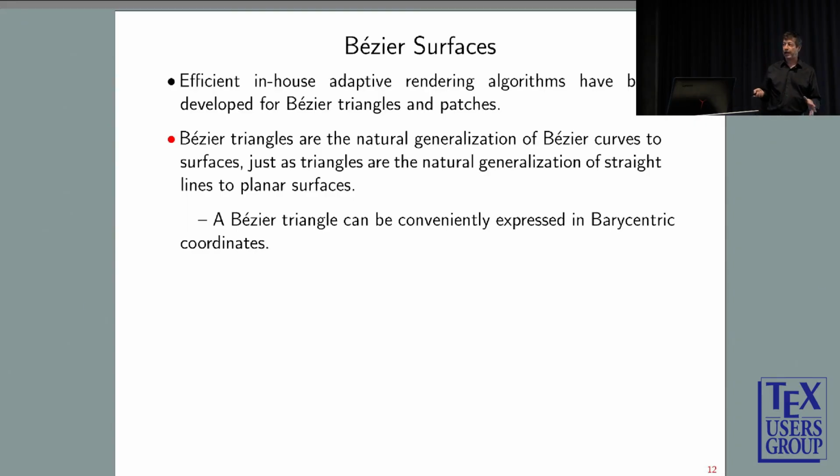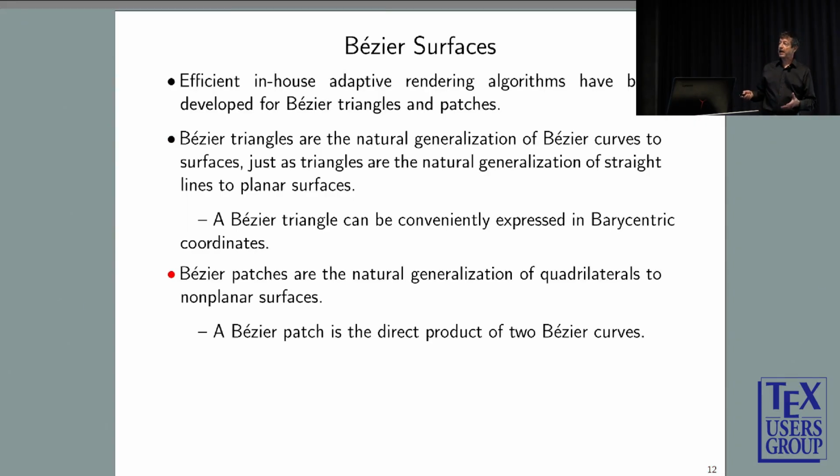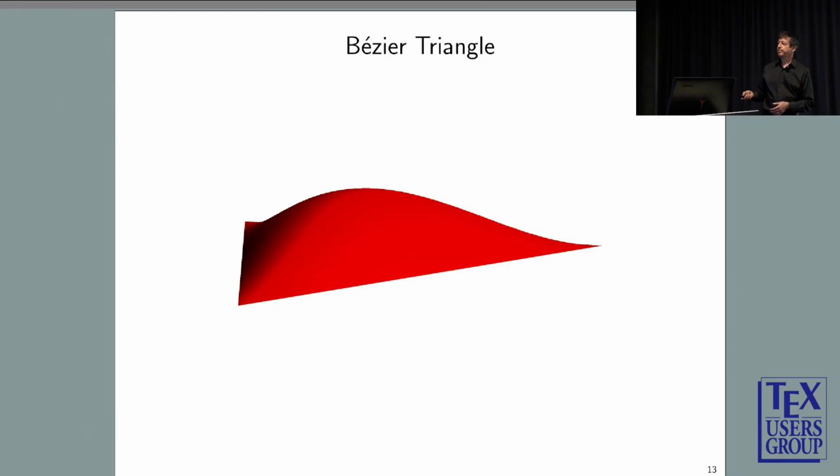We're using cubic splines. Bezier patches are the direct product of 2 such Bezier curves. They're like the generalization of quadrilaterals to non-planar surfaces. So you've got something like curved triangles and curved quadrilaterals. We call those Bezier triangles and Bezier patches.